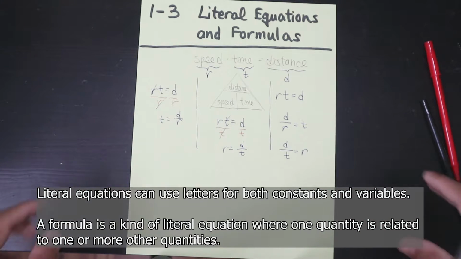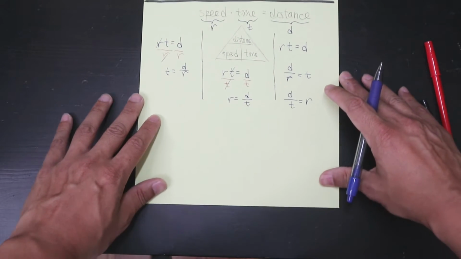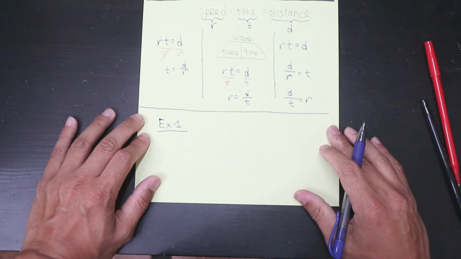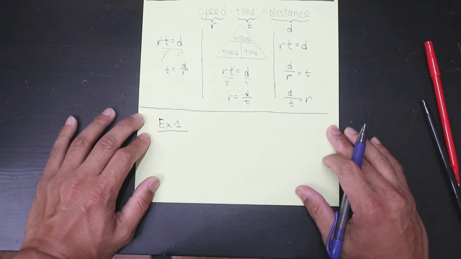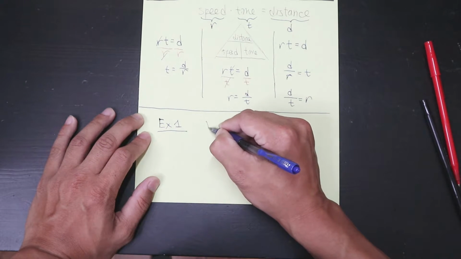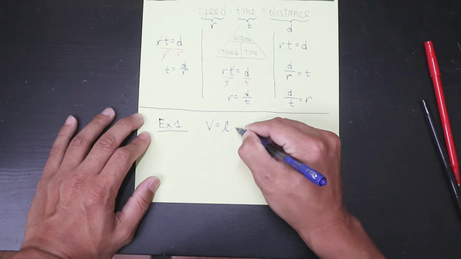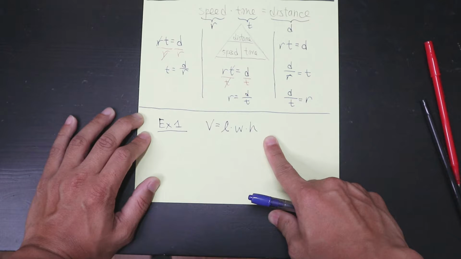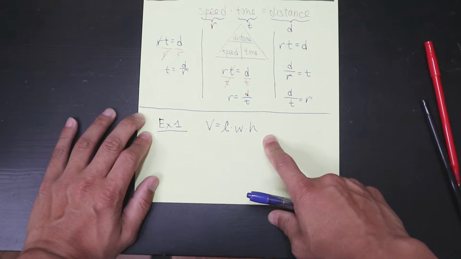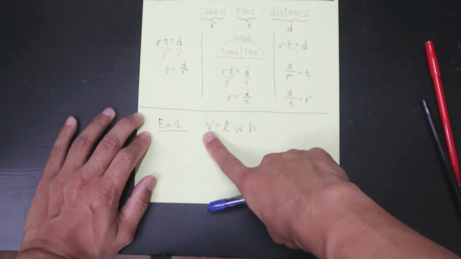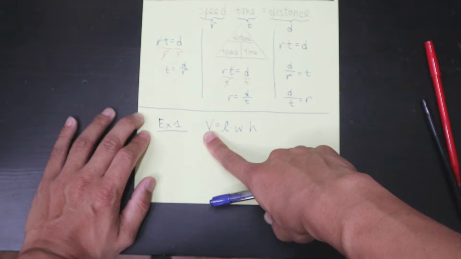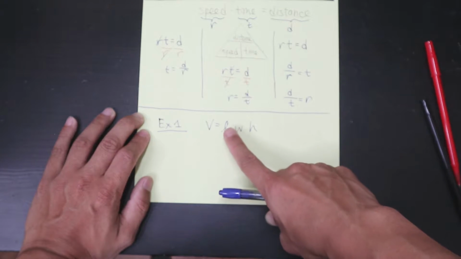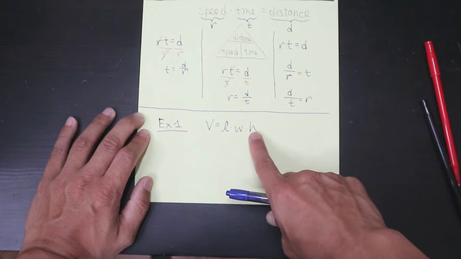So we're going to take a look at some examples here. Example 1, we're going to look at a lot of formulas that you have learned in the past. Let's say you have V is equal to L multiplied by W multiplied by H. This formula seems familiar, because this is the formula to represent the volume of a rectangular prism. To find the volume, it's the length multiplied by the width and multiplied by the height.